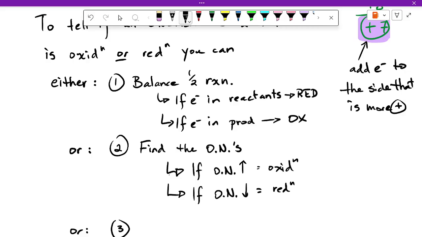That's not always going to be the case, though. Sometimes you have to actually look at the oxidation number because there's also hydrogens. If you put hydrogens on, that's reduction. If you take hydrogens off, that's oxidation. This is really useful for biology. Take hydrogens off, oxidation; put hydrogens on, reduction.